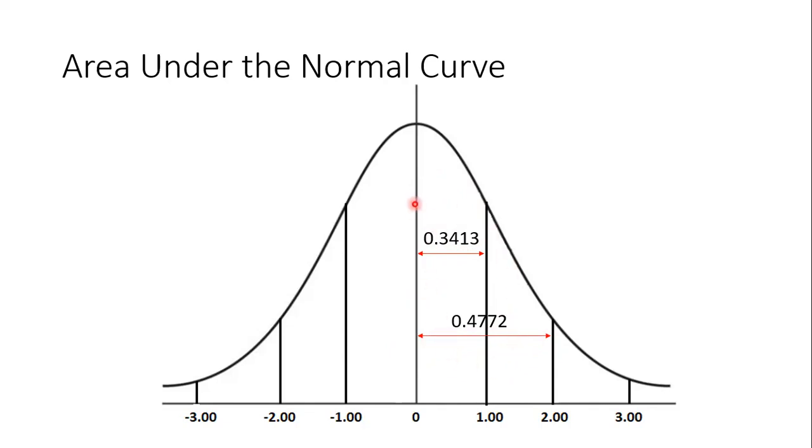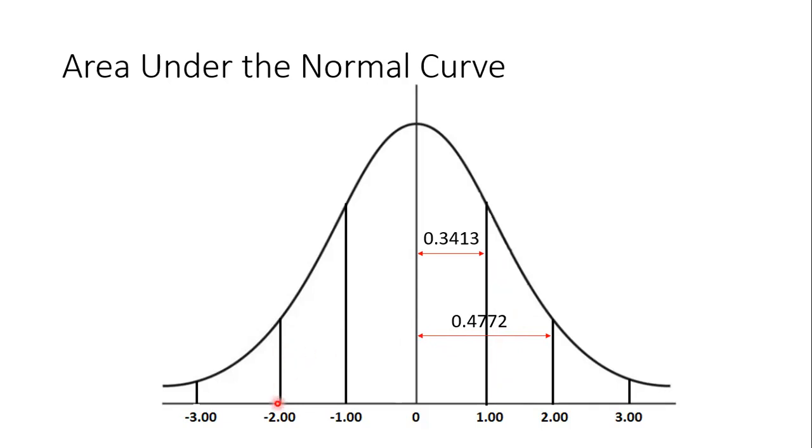So lahat po ng areang ito na enclose mula sa boundary ng 0 at 2.00 is 0.4772. Kasama na po dito yung una nating area at itong second area. This is also the area bounded by 0 and negative 2.00.